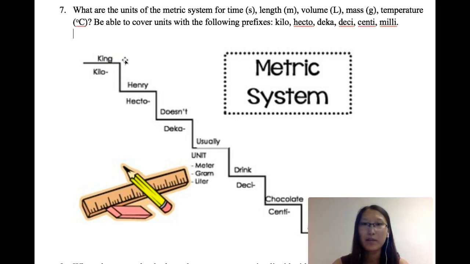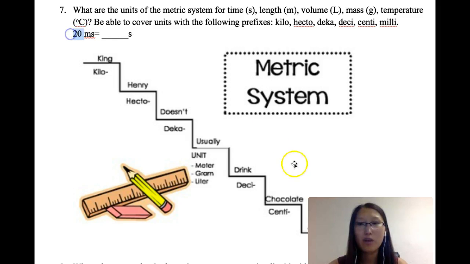So let's try that real quick. Let's say we're doing millisecond. 20 milliseconds equal to how many seconds? So we're going from a smaller unit right here to a bigger unit. We're jumping 3 steps, 1, 2, 3.